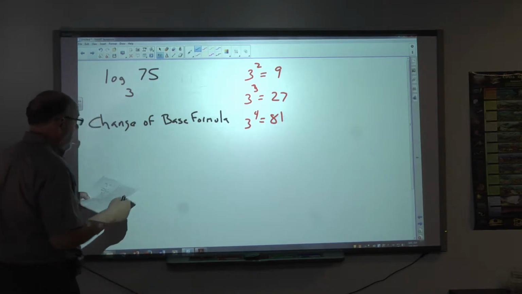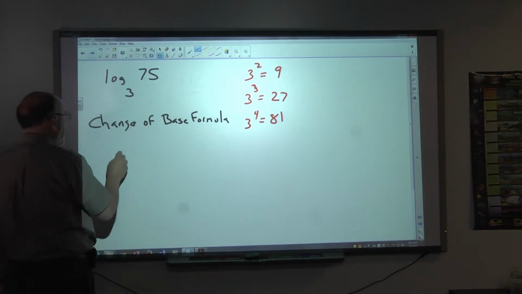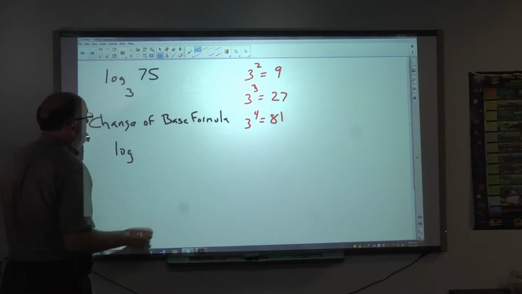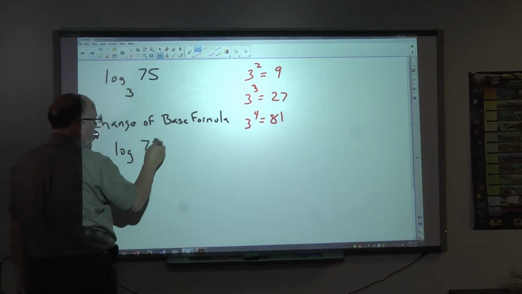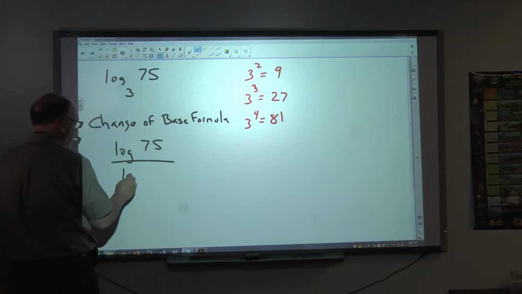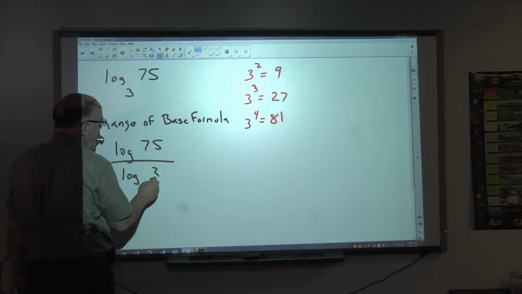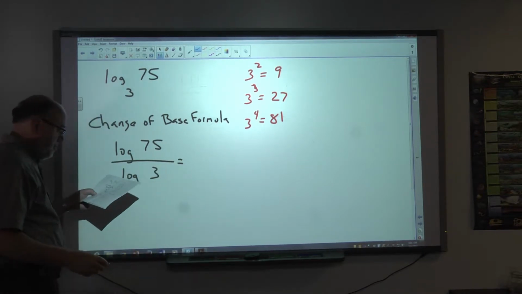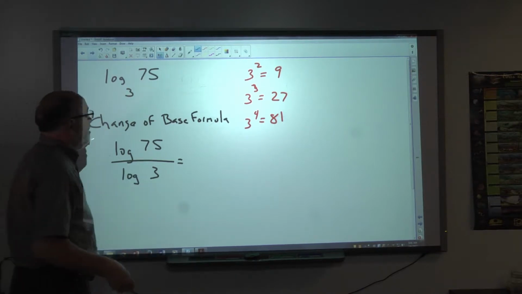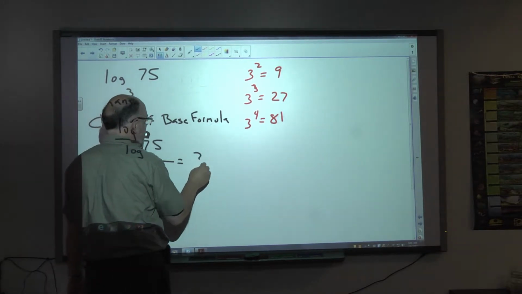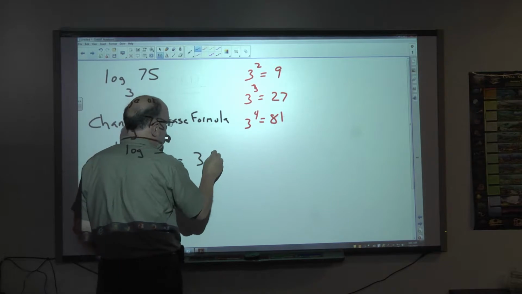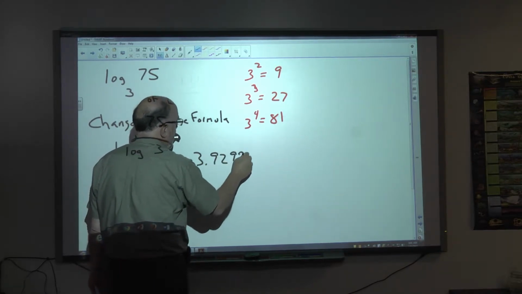The way I do this, it would be the log of 75 divided by the log of 3. If you plug that into the calculator, this number comes up to be 3.9299.